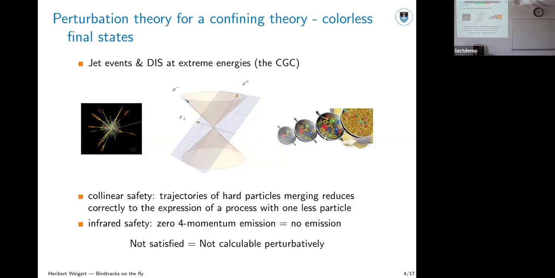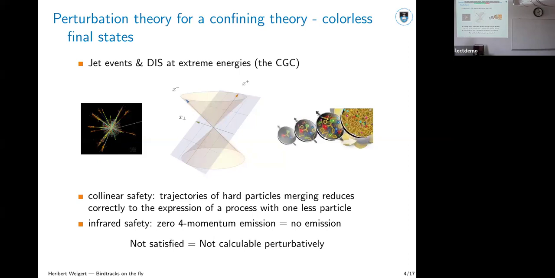The other thing is infrared safety. That's emission of zero momentum particles. That should reduce, and a zero momentum particle is nothing that comes out, right? Zero four-momentum means it's not moving anywhere. So that must look like your perturbative expression for a cross section that has one less particle in it.